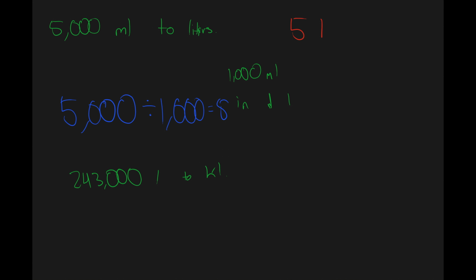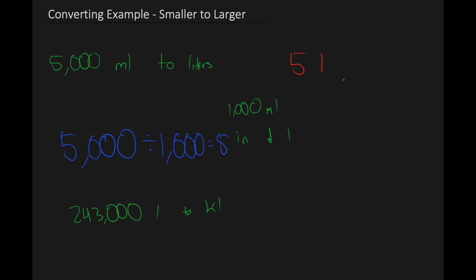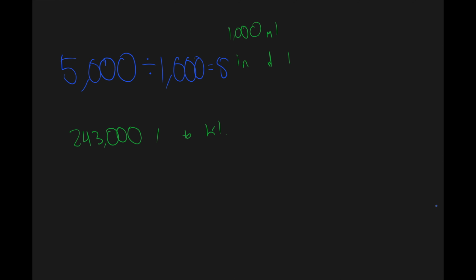When converting, this is important, you have to be converting smaller to larger. If you're converting larger to smaller, this will not work. If you're converting from smaller to larger, all you have to do is cross out the zeros. So 1, 2, 3. We crossed out the zeros, and we have 243.